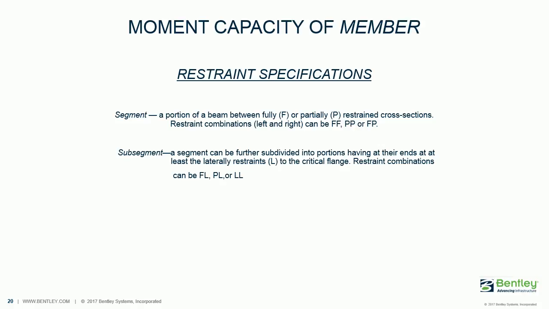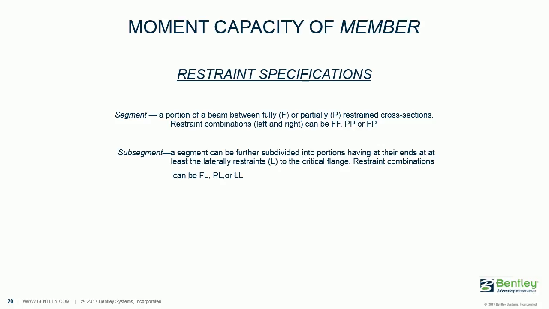For that, the code coins two terms: segment and subsegment. Basically, in the case of bending, whenever the member fails by global buckling, in most cases it's lateral torsional buckling. Whenever the flange is under compression, it tries to buckle laterally and makes the entire member sway or buckle laterally.